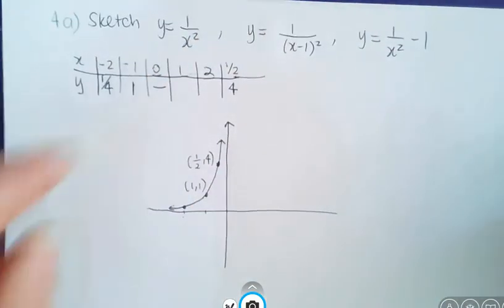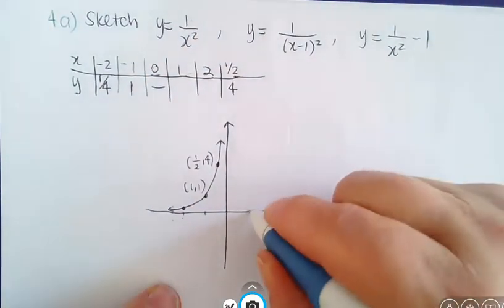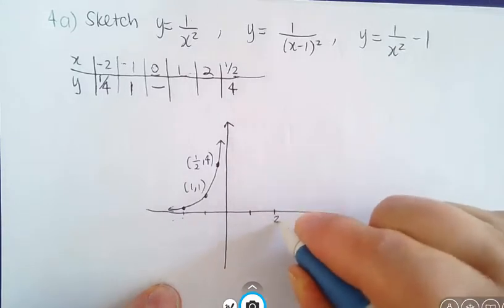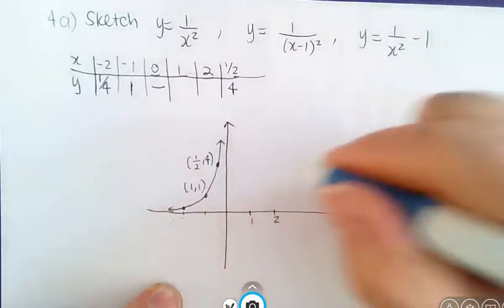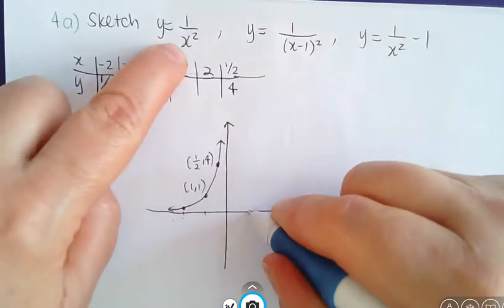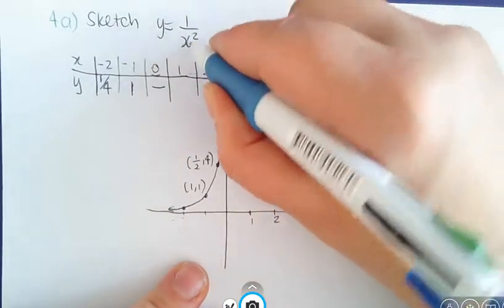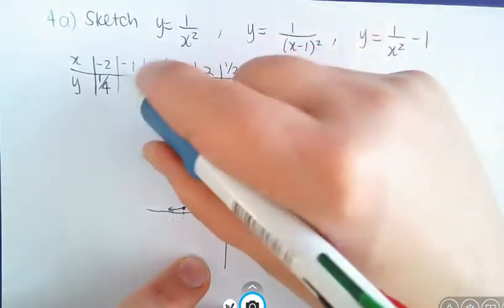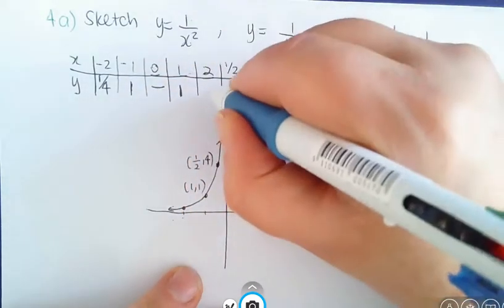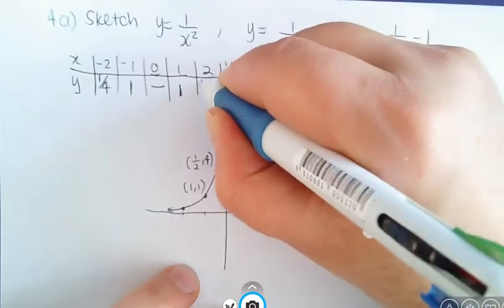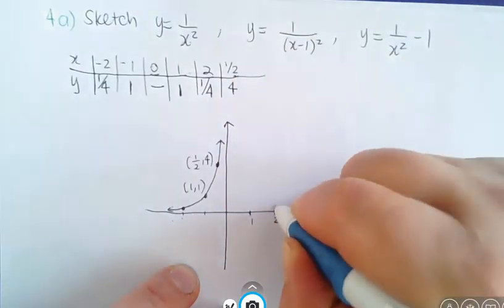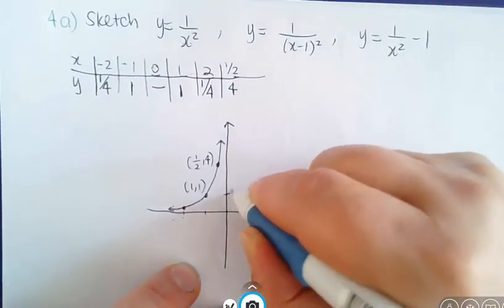Undefined. What about the other side? When x is 2, 1/4, and we will do 1/2. When x is 1, what do you get? It'll be the same as negative 1 because it's squared. When x is 2, 1/4. So 2, 1/4, 1, 1.